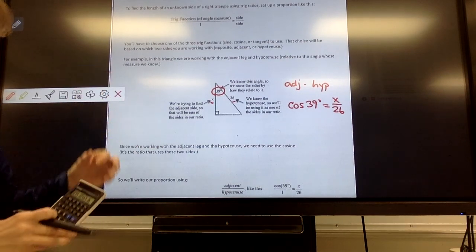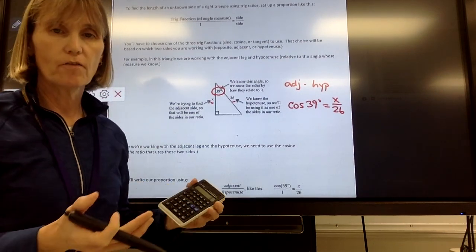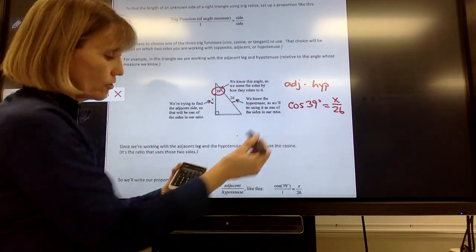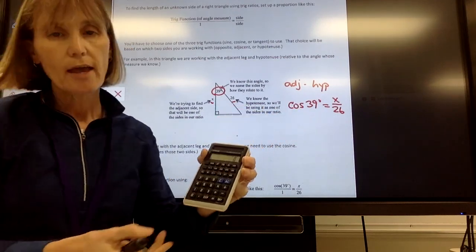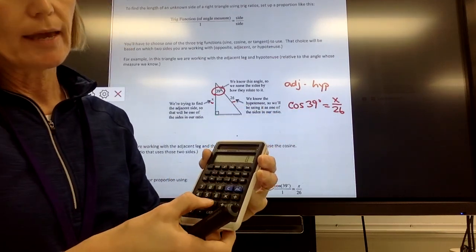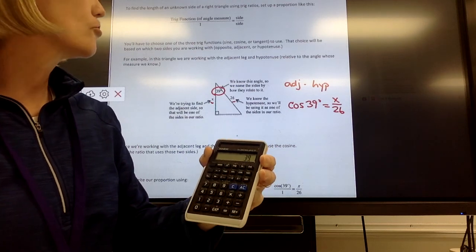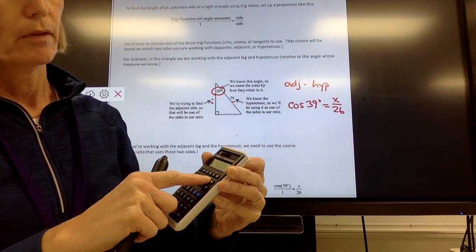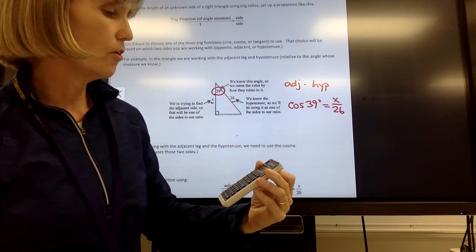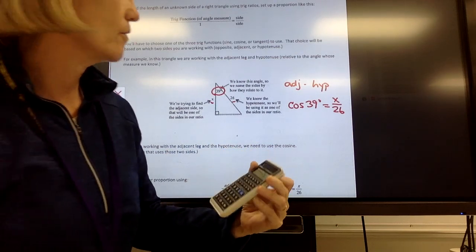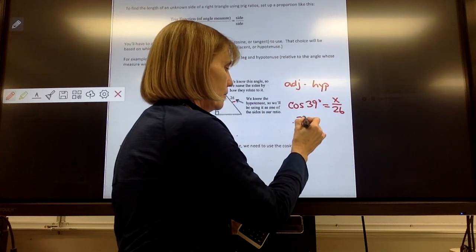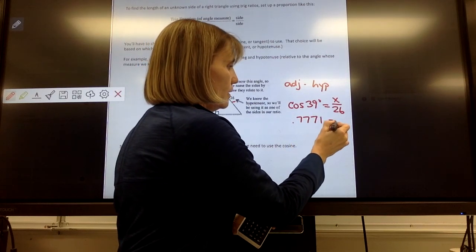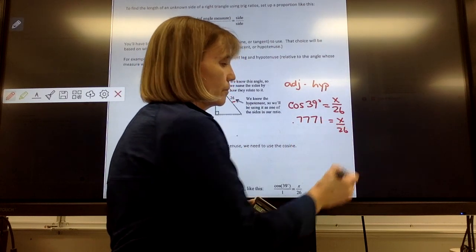I can use that table to find the value for the cosine of 39 degrees, or I can use my calculator. If you're going to use your calculator, you put the angle measure in first. There's 39 degrees, and then I hit the cosine button. I get a decimal of 0.7771, and that equals x over 26.